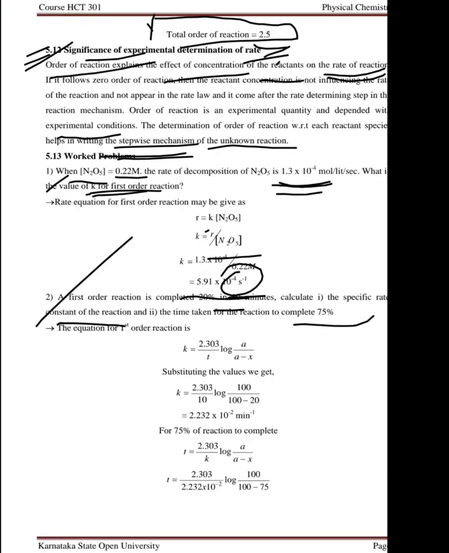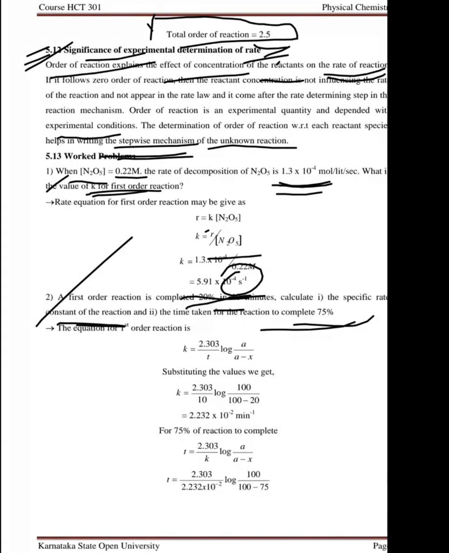The first order reaction completes 20% in 10 minutes. You should calculate the specific rate constant and the time for the reaction to complete 75%.